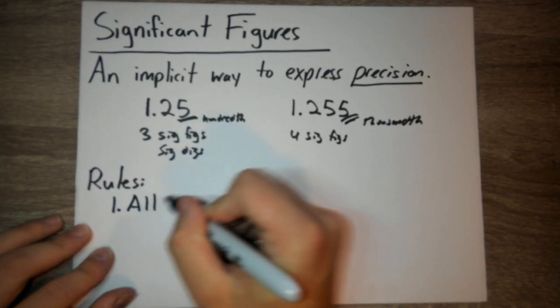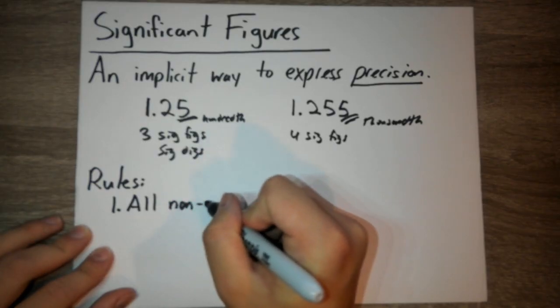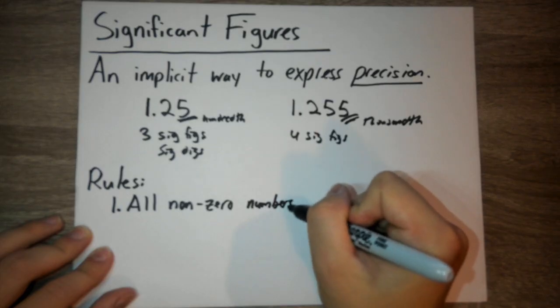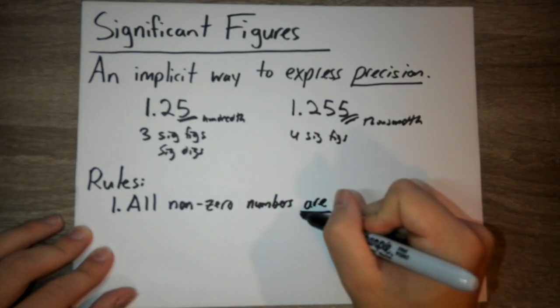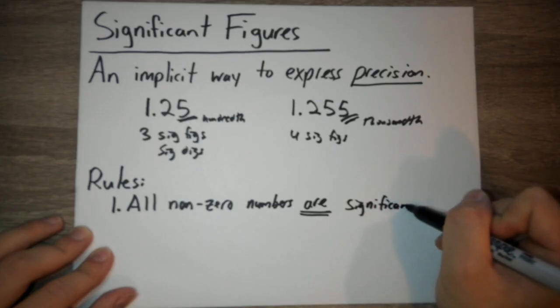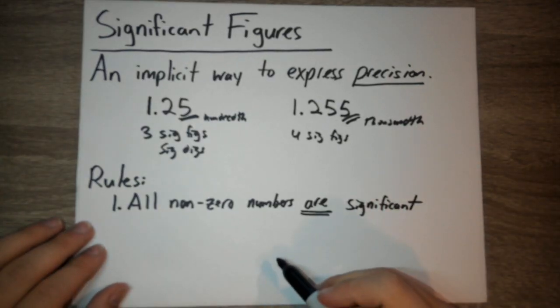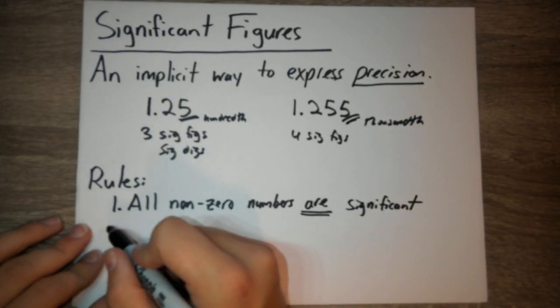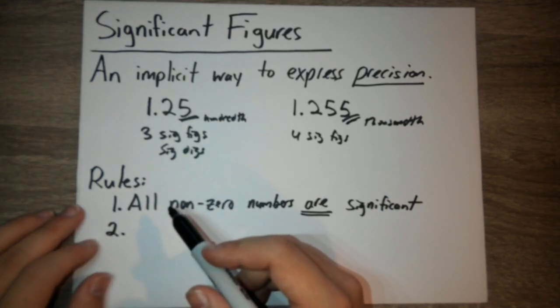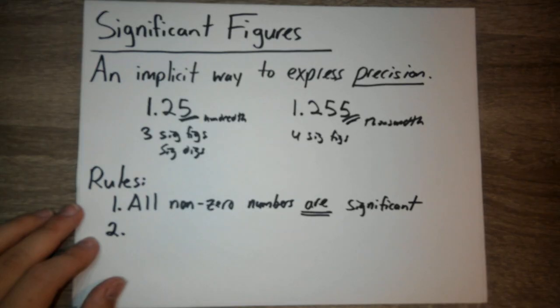The first one, the easiest one, is that all non-zero numbers are significant. Underline that. All non-zero numbers are significant. So that one's pretty straightforward. It gets a little more complicated when you start bringing zeros into the picture.